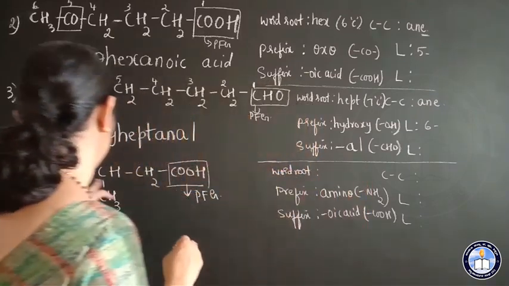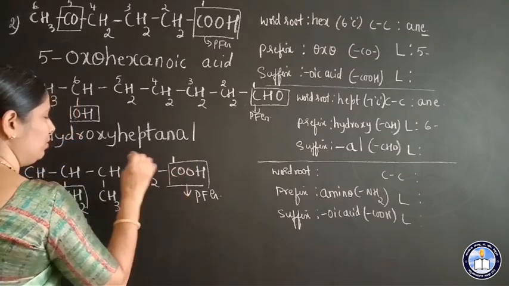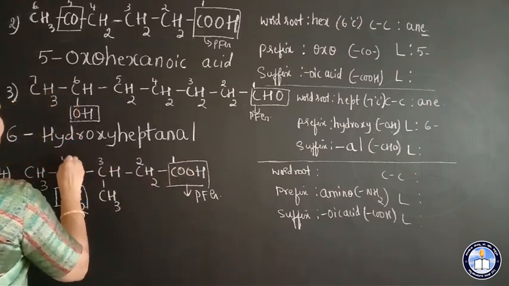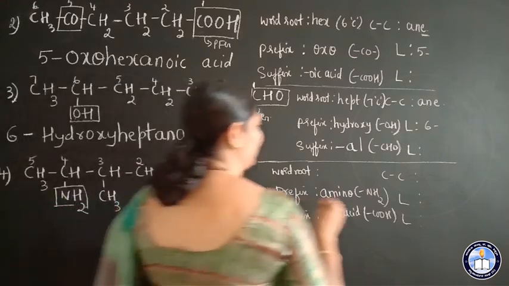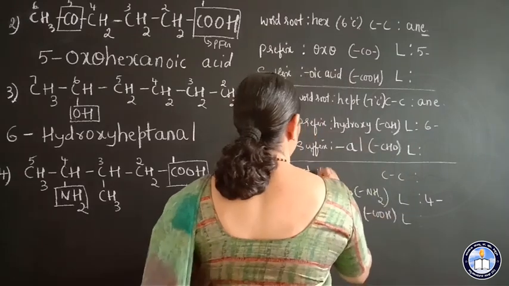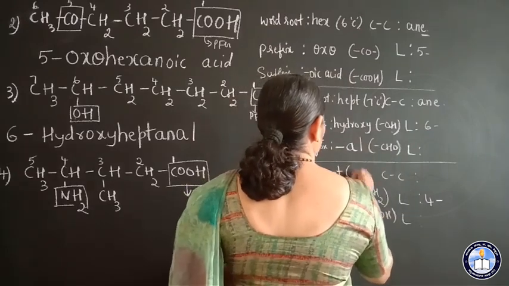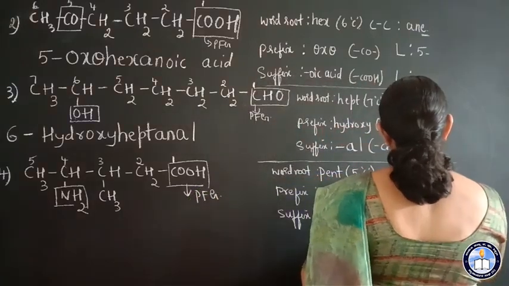Now we will number this parent chain. The carbon atom of COOH group is 1, then 2, 3, 4, 5. NH2 is attached to the 4th carbon atom, so its locant is 4. The word root, with a total of 5 carbon atoms, is pent, with carbon-carbon single bonds, so ANE.